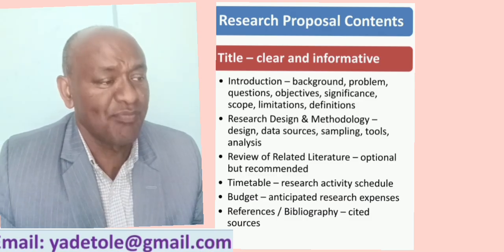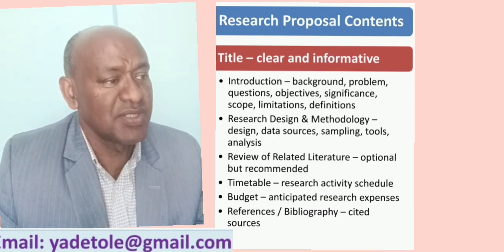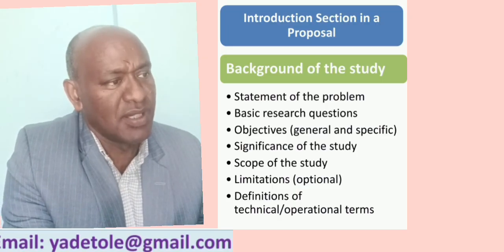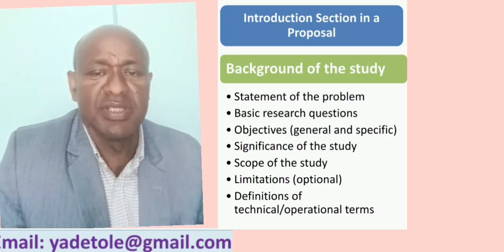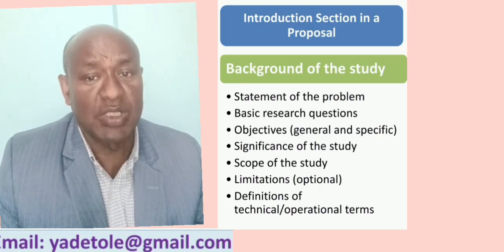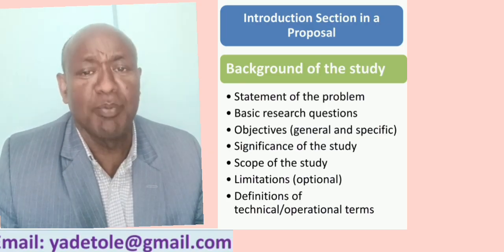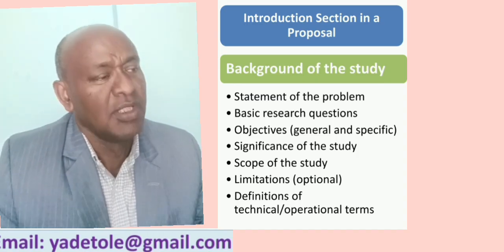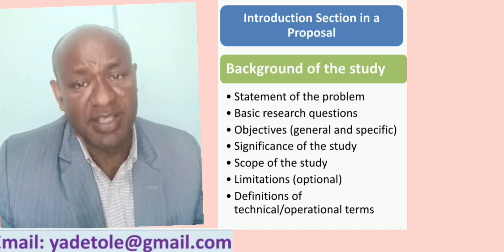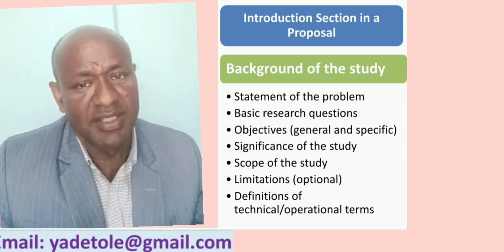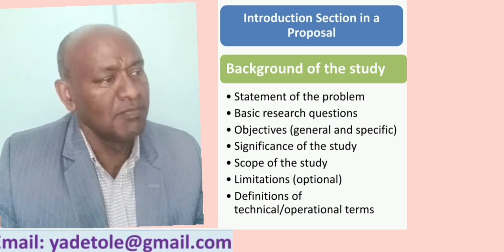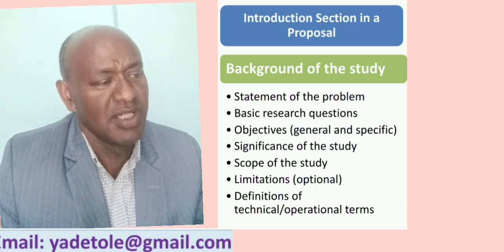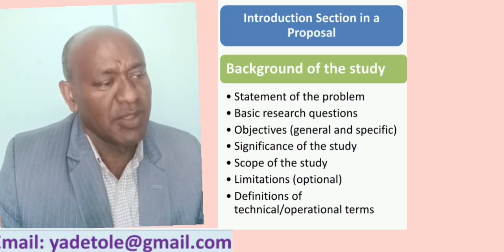Actually, in the next slides, we are going to see them in detail. For instance, introduction. The first chapter in a research proposal is the introduction. Not only in a research proposal, by the way, but in the research report also, you get the introductory part as the first chapter. So in the introduction section, the following are there: background of the study, statement of the problem, basic research questions, objectives, significance of the study, scope of the study, limitations, and definitions of technical and operational terms.